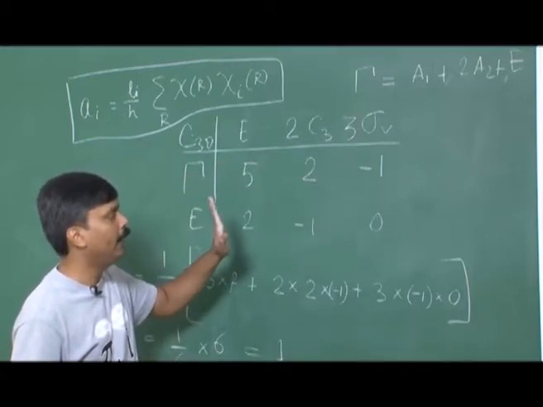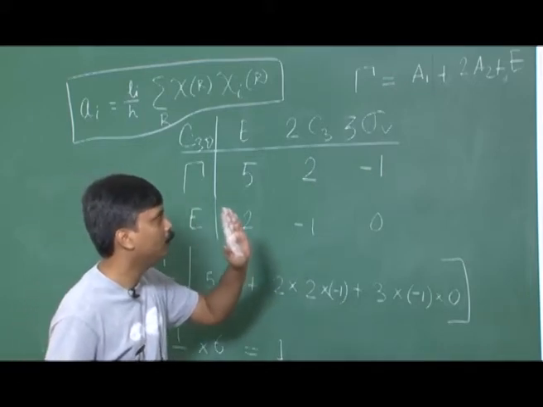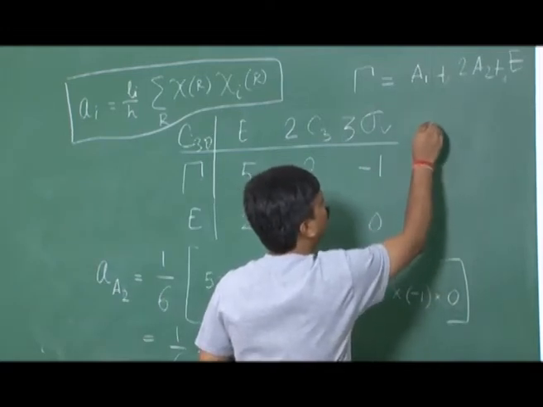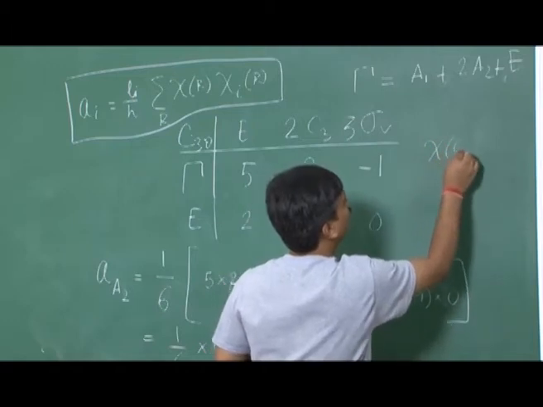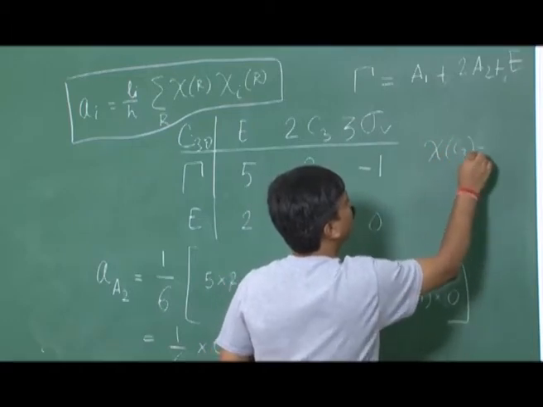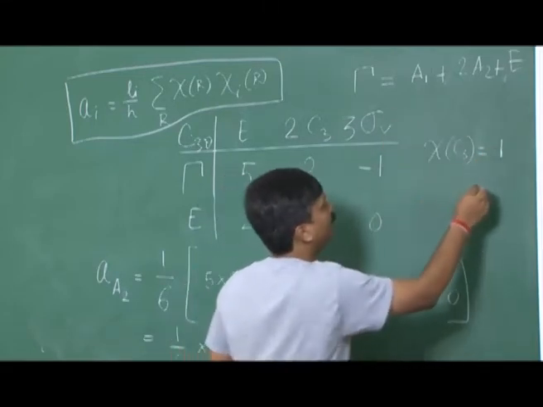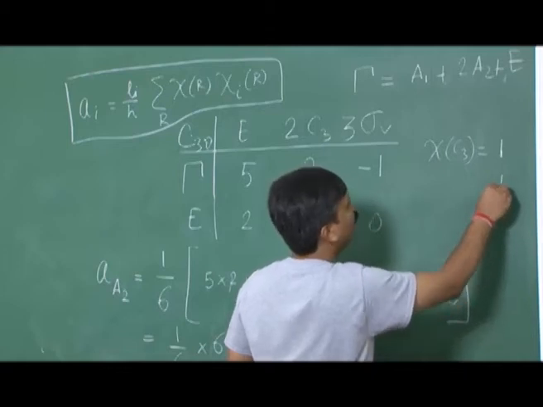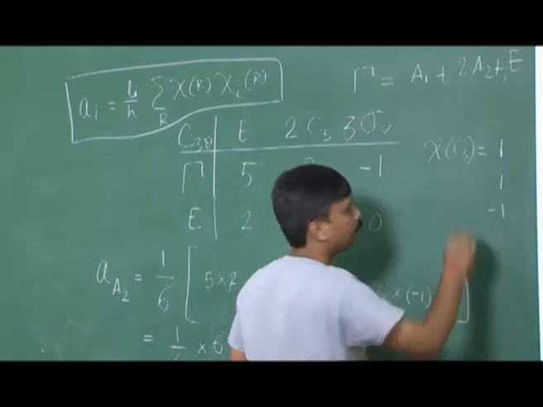So what you have is 1, you can find that out. So corresponding to C3, the character for C3 equals 1 for A1, and for A2 it is again 1, and for E it is minus 1.